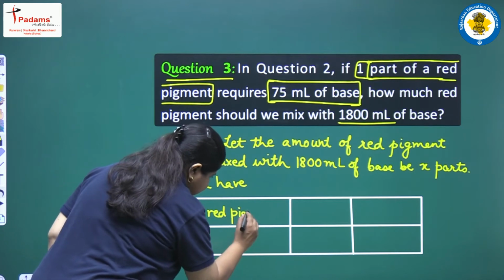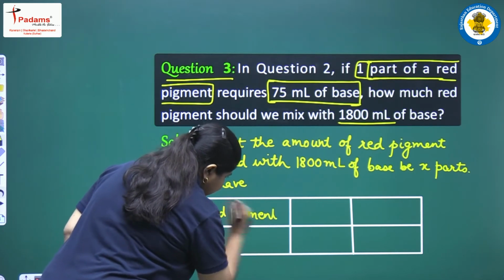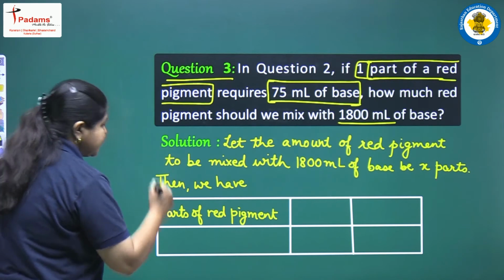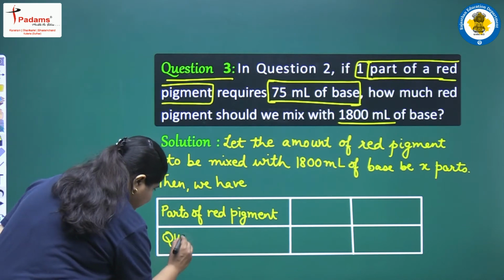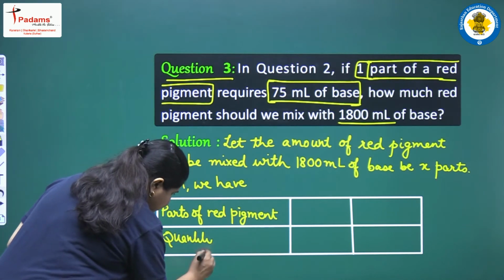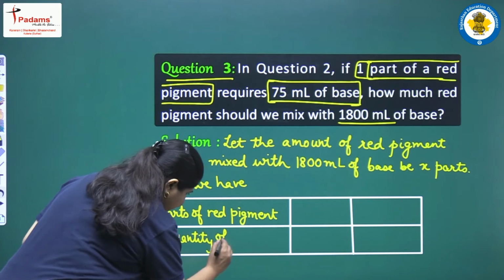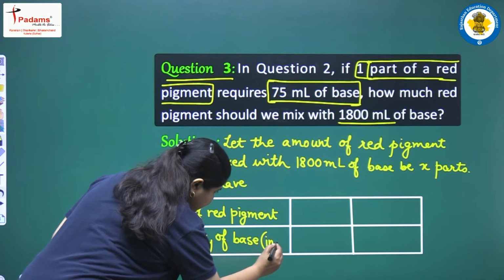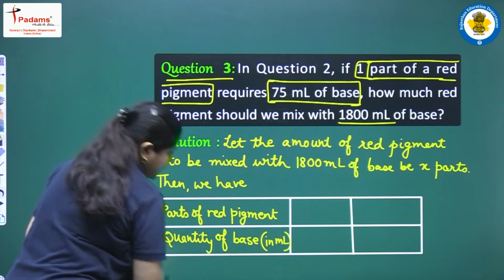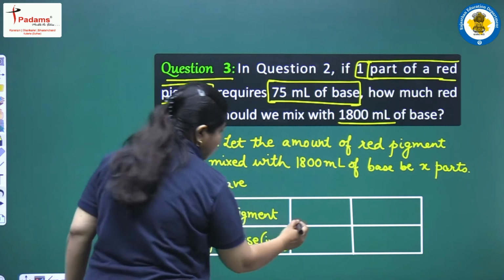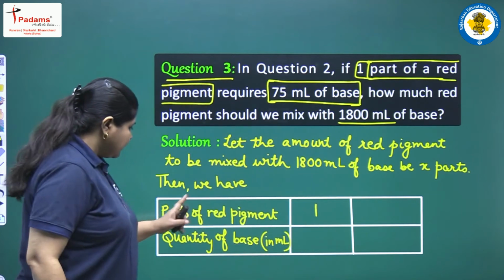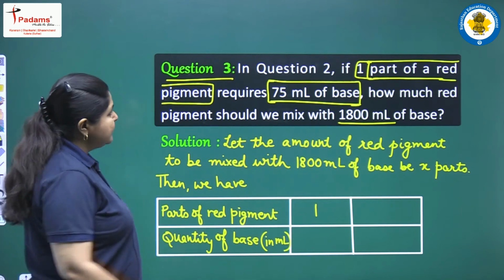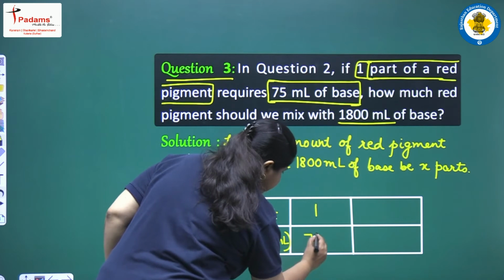This is the first quantity, and then the second one is the quantity of base, and it is given in milliliter. Now first part, we have one part of red pigment mixed with 75 milliliter of base.